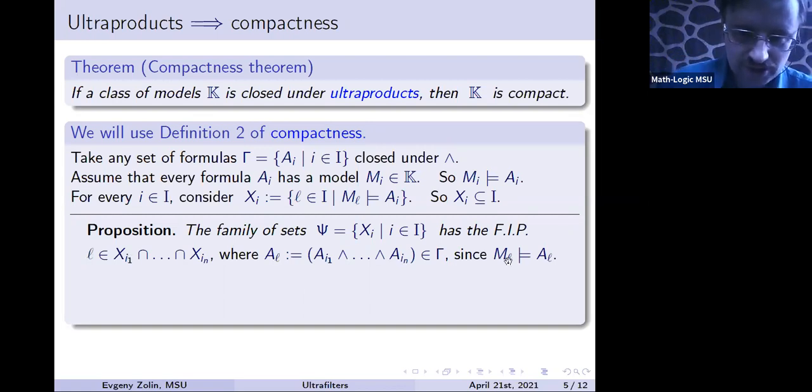So why does this L belong to the intersection? Because in the model ML, this long conjunction is true. In particular, each formula AI1, ..., AIN is true. So this L belongs to each of these n sets.